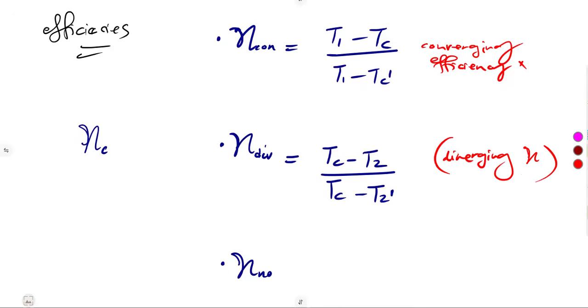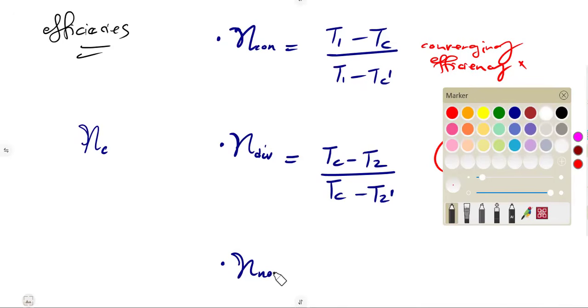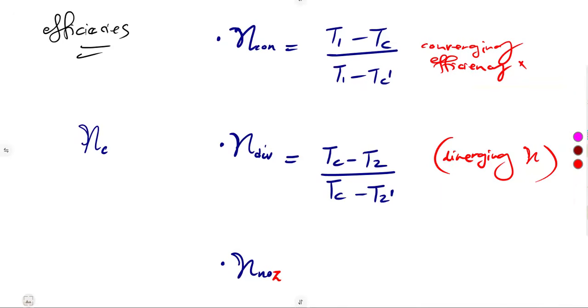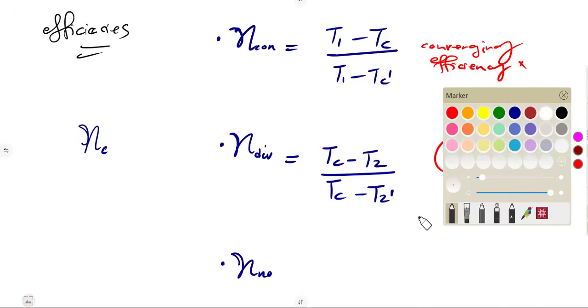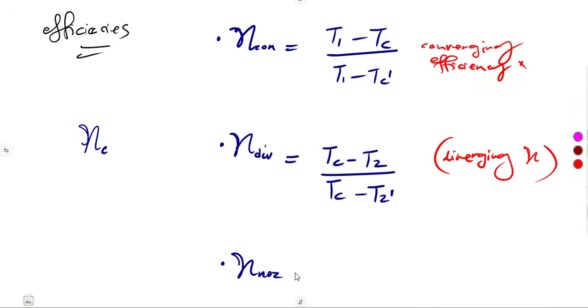Then the last one is the nozzle. So I'm just going to write nozzle like this. That's T1. Remember, this one is the overall from 1 up to the exit. So T1 minus T2 over T1 minus T2 bar, like that.